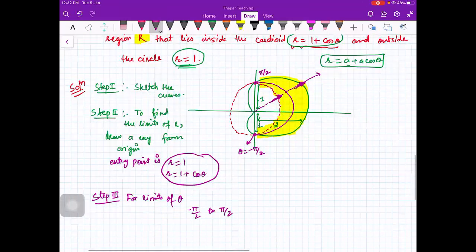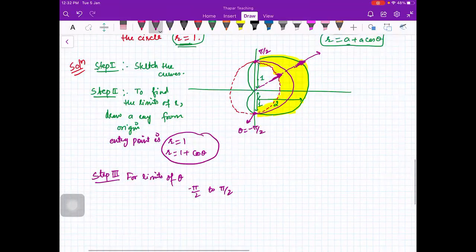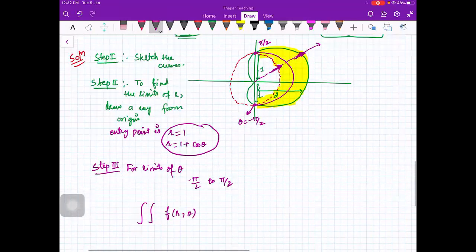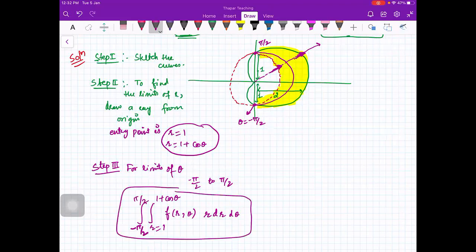So your integral will be equal to f(r, theta), and in place of dA you will write r dr d theta, where r is from 1 to 1 plus cos theta, and theta is from minus pi by 2 to pi by 2. Is that okay? Is this clear to everybody?